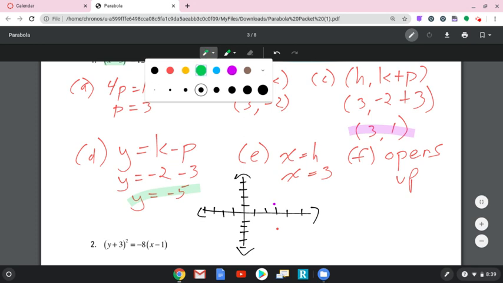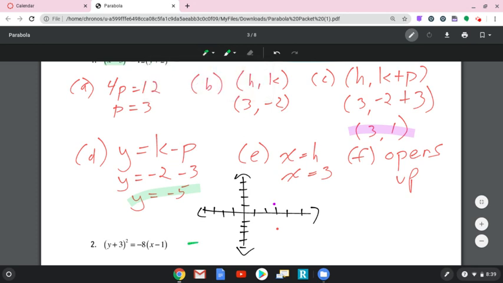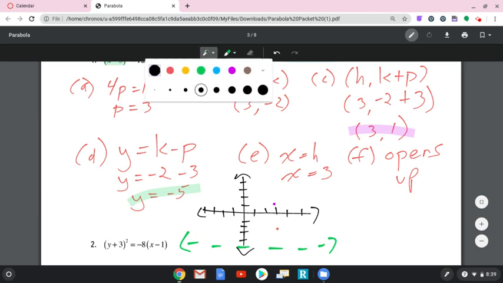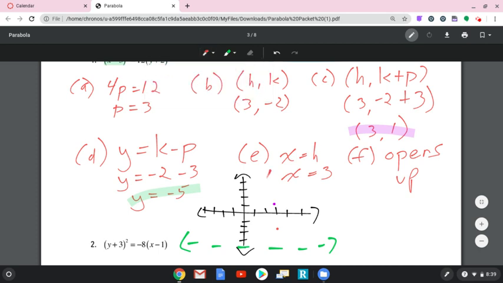That is a line. Y equals -5 would be a horizontal line. Excellent. Then x equals 3. That's my axis of symmetry. So my axis of symmetry is x equals 3. That would be a vertical line. Then it opens up. So I start at my vertex and it just opens up in both directions.